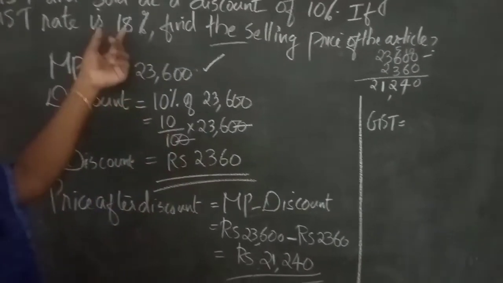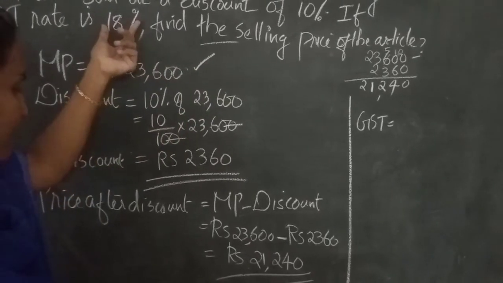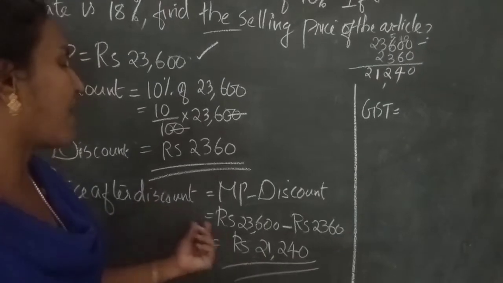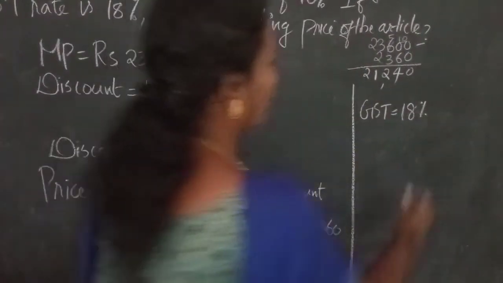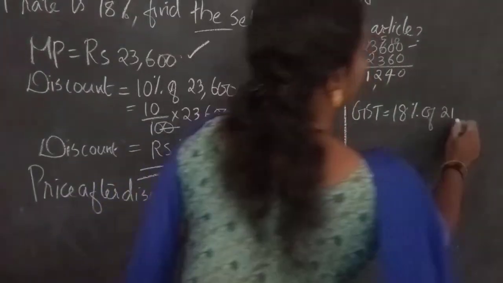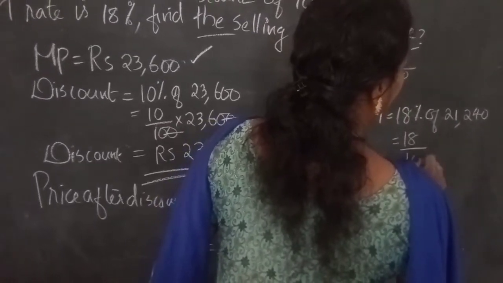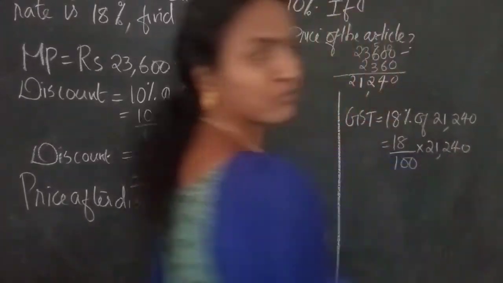Next, you have to find GST. GST rate is given 18%. So GST is equal to 18% of price after discount. So GST is equal to 18% of 21,240. So 18 by 100 into 21,240.